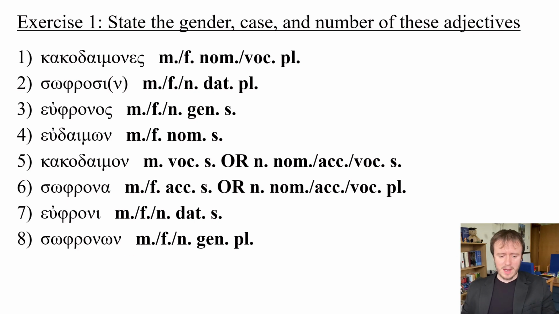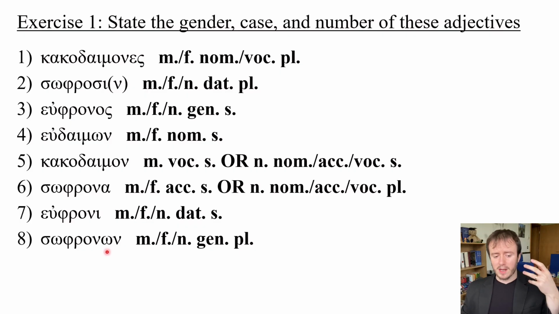Number 8 can be deceptive because to get the correct answer, we have to look not only at the ending on, but also at the stem. The fact that we've got the oblique stem sorpron means that this ending on is the genitive plural ending. Remember, if it's masculine nominative singular, you won't have the oblique stem that's being used.